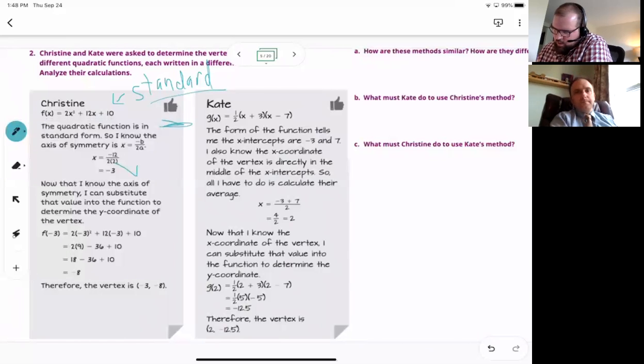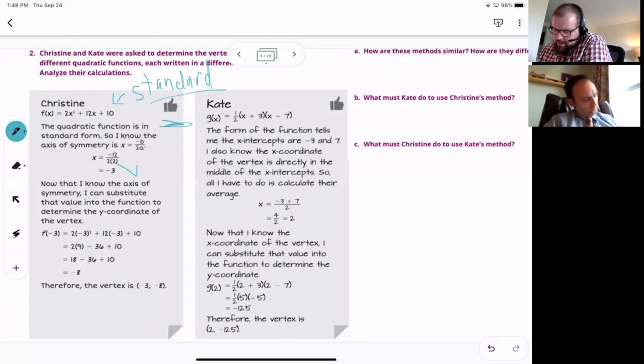Looking at Kate's work, she did this really similarly to how we found the axis of symmetry in the first one. She identified that this is in factored form and used that to find the x-intercepts. So the opposites of each of these things that make each parenthesis 0. Just like we did, she found the average. She added them up, divided by 2.